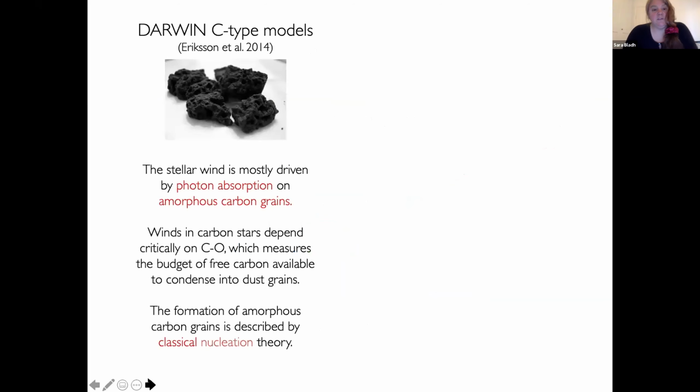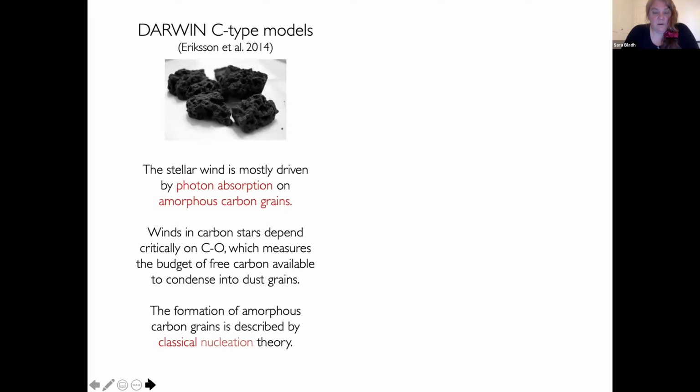So the Darwin models for C-type AGB stars. Here, the wind is driven mostly by photon absorption on amorphous carbon grains. The wind in carbon stars depends very critically on C-O.